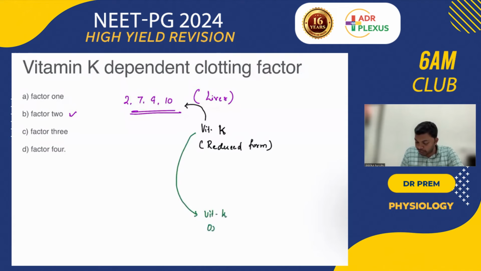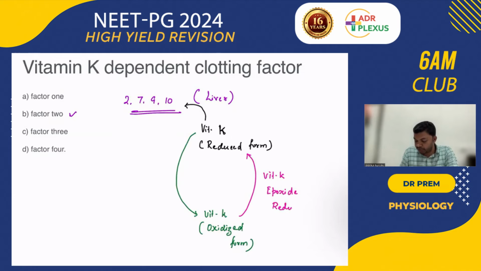Vitamin K in the oxidized form is not good enough to synthesize these clotting factors. So in order to have good synthesis of factor 2, 7, 9, 10, you have to reduce the vitamin K, and the enzyme involved in reducing vitamin K is vitamin K epoxide reductase.